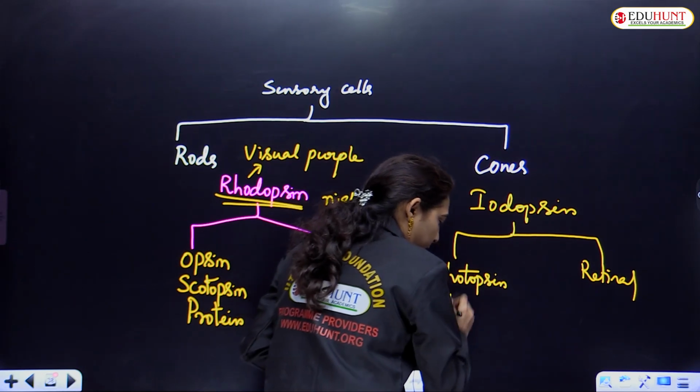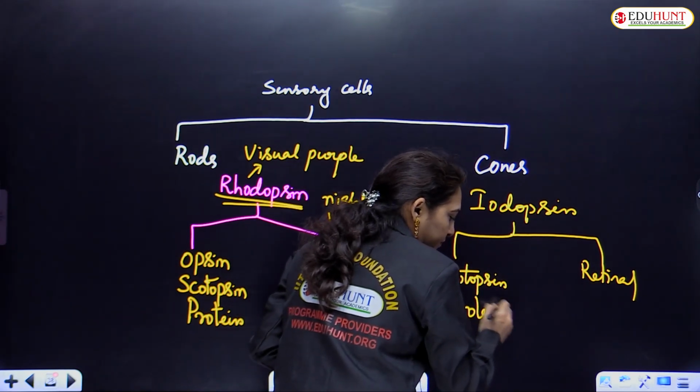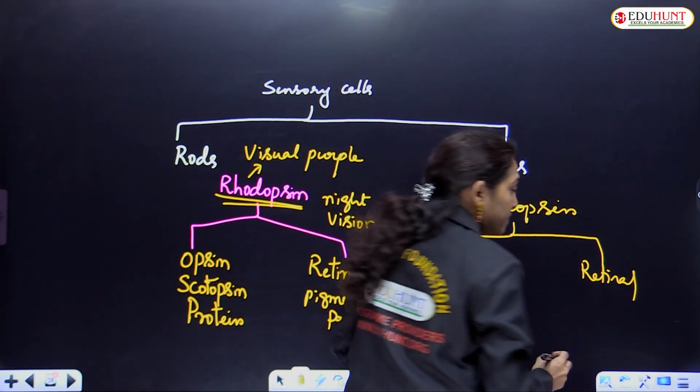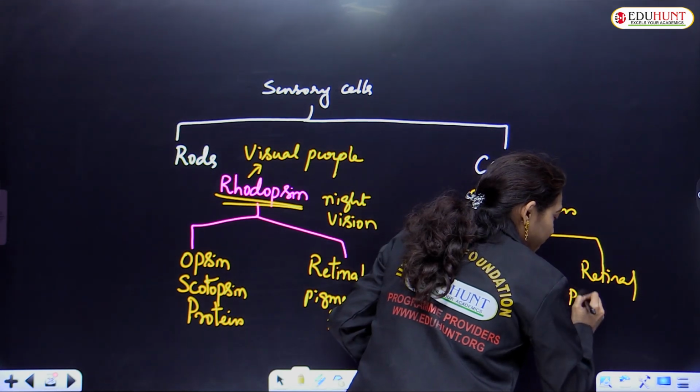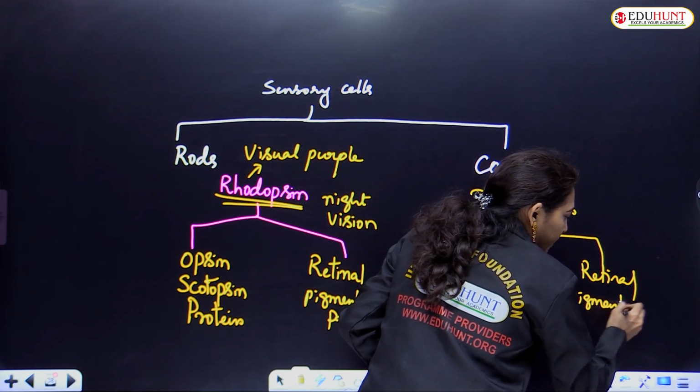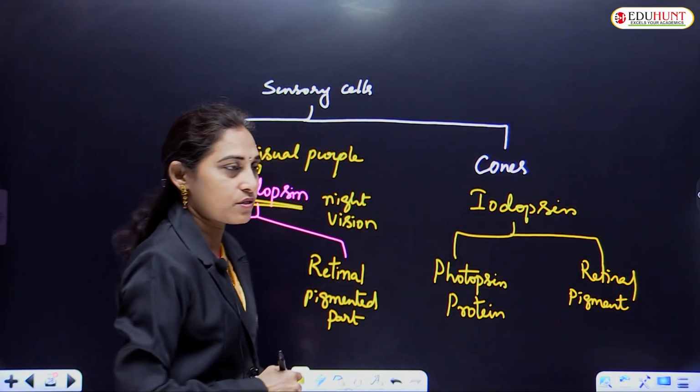Photopsin is the proteinaceous part, and retinal is the actual pigment part of cones.